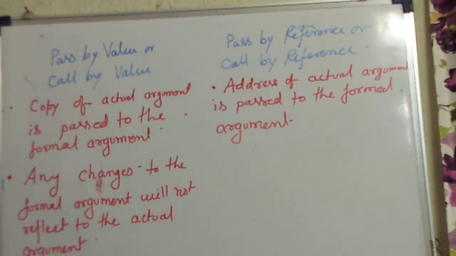Clear? Means any changes in the function definition will not reflect to the function call, from the place where the function is called, in the actual argument.